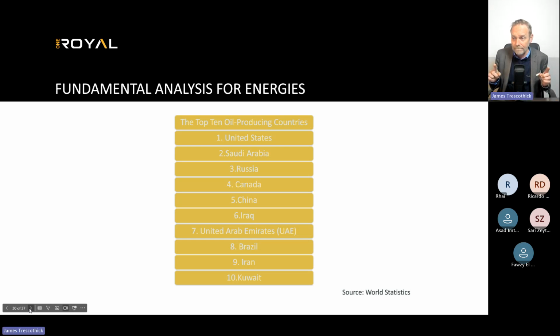Now, again, like with the softs, we need to be aware of what's happening in these countries. Because if something's happening in these countries, then it's going to affect price of oil. Prime example, Ukraine-Russian war. Well, we put a load of sanctions on Russia. Affected supply, didn't it?